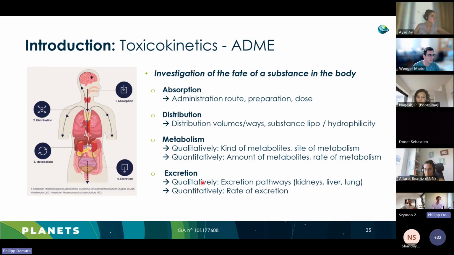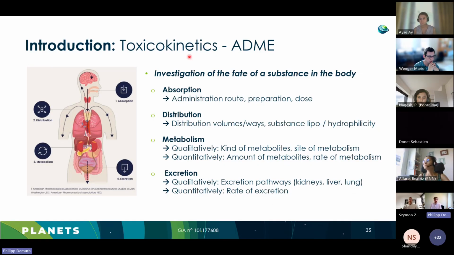And then finally, we can take a look at the excretion of the compound. Here also qualitative aspects apply. For example, what are the pathways that play a role? Is it via the kidneys, the liver, or maybe for a volatile substance, also the lung? And how high, again, is the rate of excretion? It can be very slow for certain compounds or really fast for others.